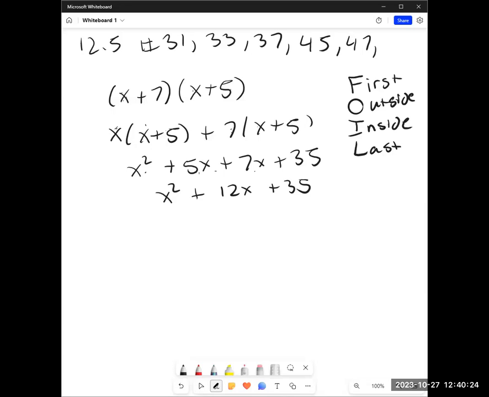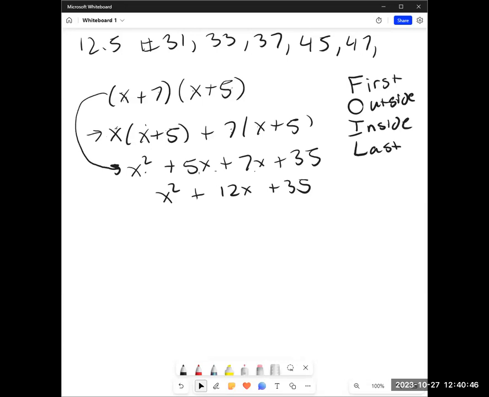X times 5 gives me 5x. 7 times x is 7x, and 7 times 5 is 35. And it just helps me skip this double distribution step. You would just go straight from that line to that line.